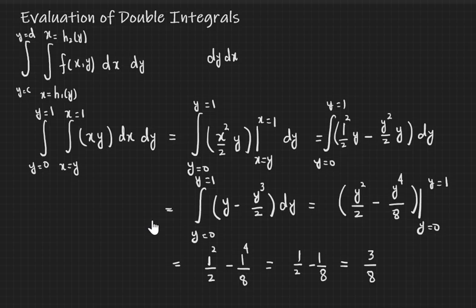So integration with respect to x variable should have limits of x is equals to some function of y, and then we will integrate with respect to y, and the other limits of integration should be constant numbers. So this is how we solve this type of double integrals.